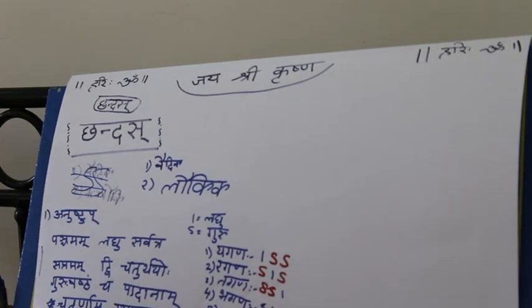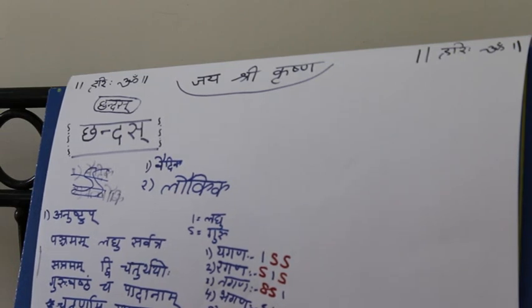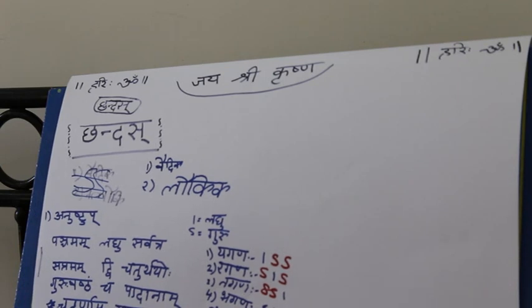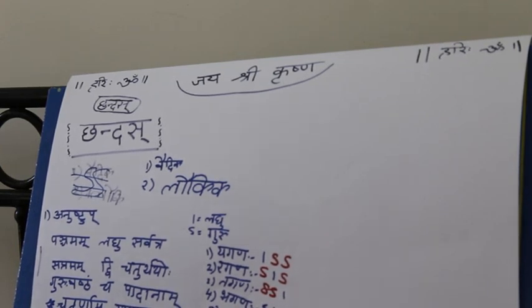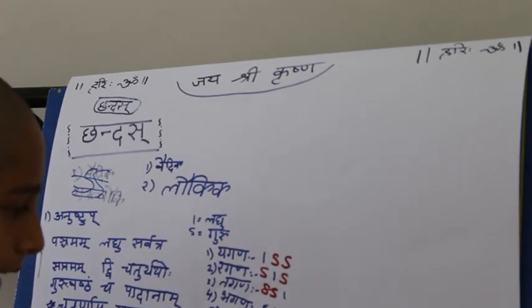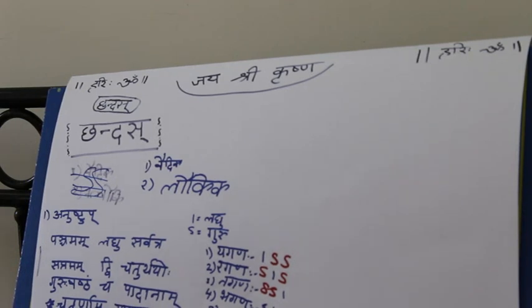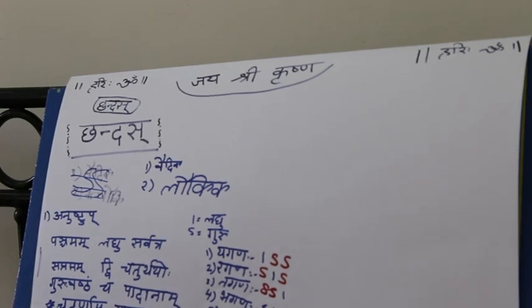Now coming to the next gana, Sagana: it has two I's and, at the end, one S. That is the format.